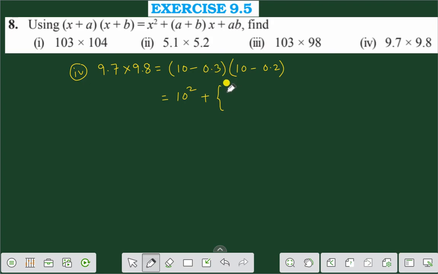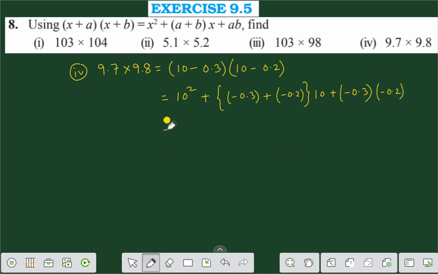A is minus 0.3, plus b is also minus 0.2, (a plus b) into x, x is 10, plus ab. A is minus 0.3 and b is also minus 0.2, right?